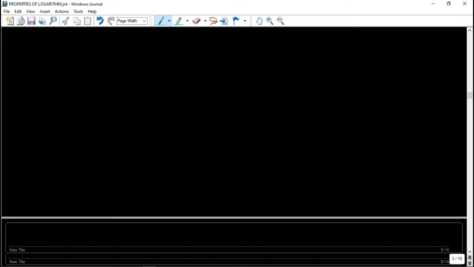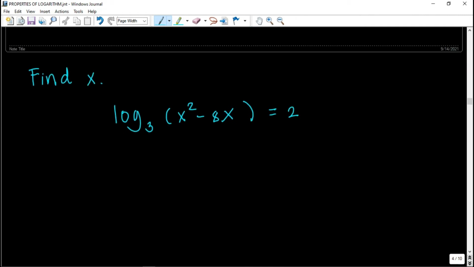Let's proceed to our third problem. Here we have find x. This is usually how the expressions look in the board examination. We have the logarithm base 3 of the quantity x squared minus 8x is equal to 2. Let's express it in exponential form in order for us to extract x.